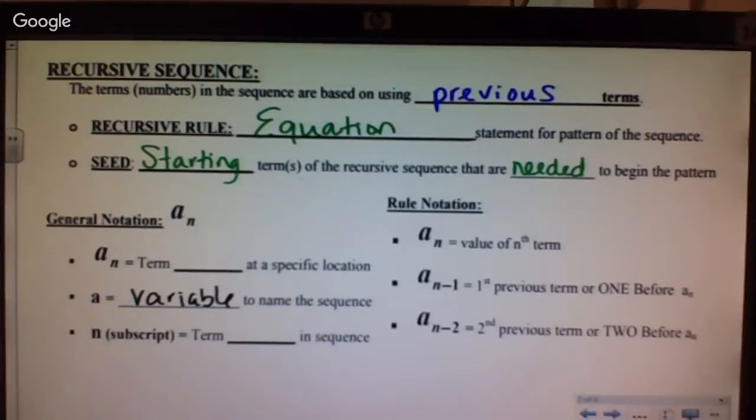You can use any variable your little heart desires unless they tell you a variable that you need to use. So I can have sequence A, sequence B, sequence W. I can name it anything I want. The n, the subscript, tells me the term location in the sequence.